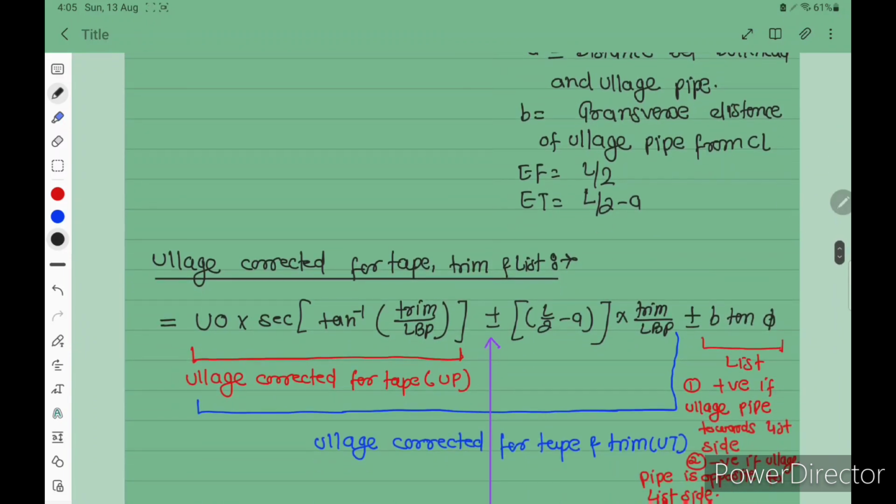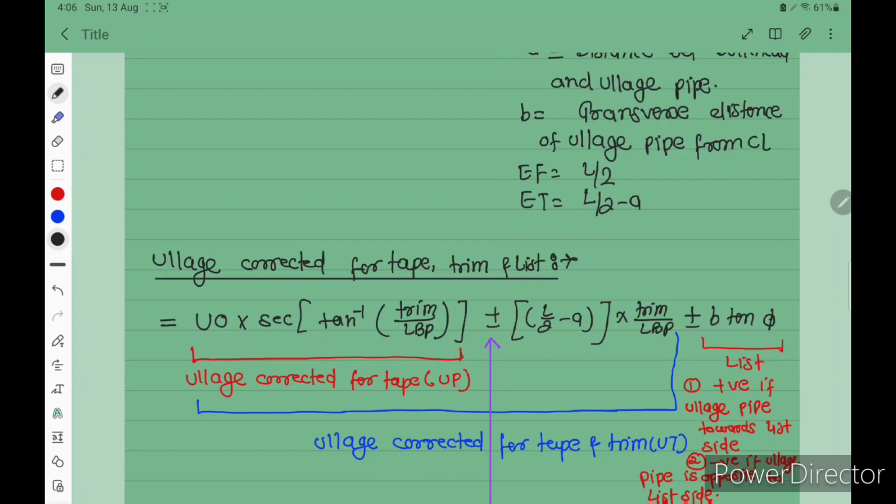Now the first formula is for when the question says ullage corrected for tape, trim and list. We use this formula: observed ullage into sec into tan inverse of trim by LBP, plus or minus L by 2 minus A into trim by LBP, plus or minus B tan theta.